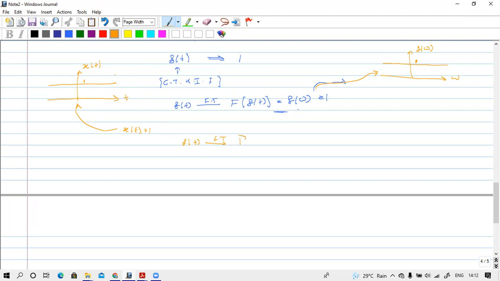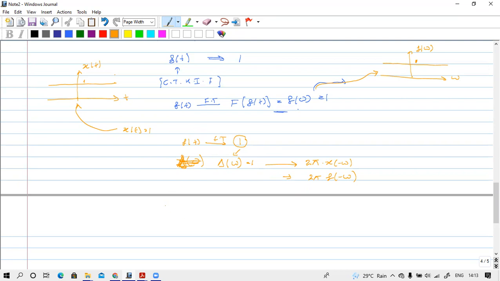Then, using the duality property, you can write it as 2π x(minus omega). Here x is delta, so you can write 2π delta(minus omega). So this is the answer.